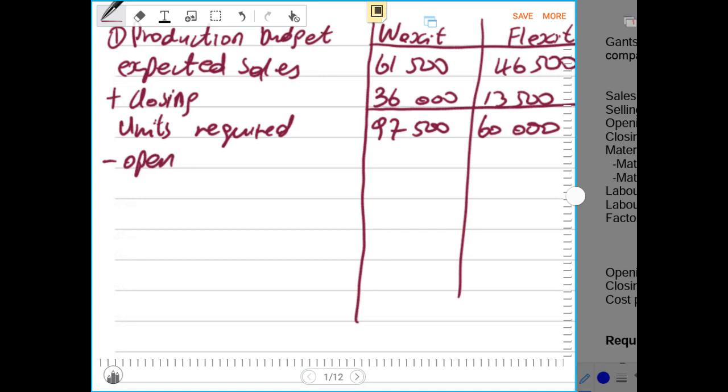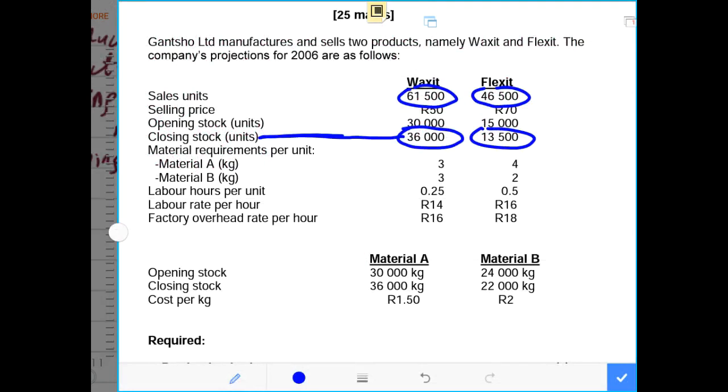Now, why do we subtract our opening stock? As I have already emphasized before, it is the fact that opening stock was produced in the previous accounting period. So now it will not be produced in the current accounting period because it was already produced in the previous period. That is why it became an opening stock.